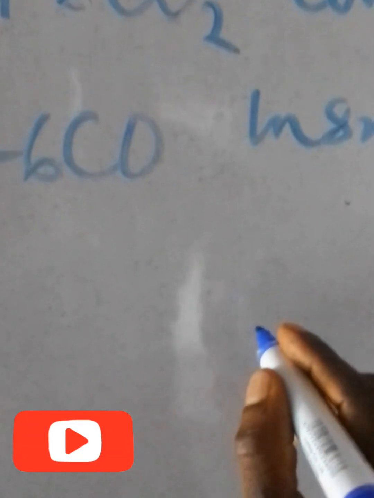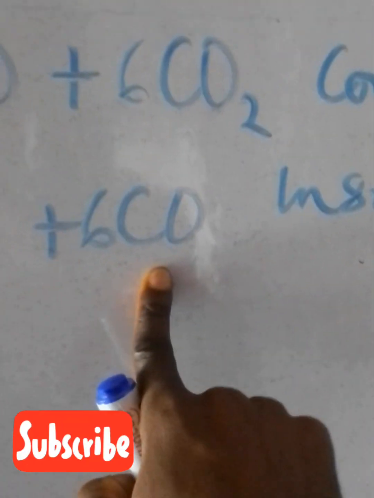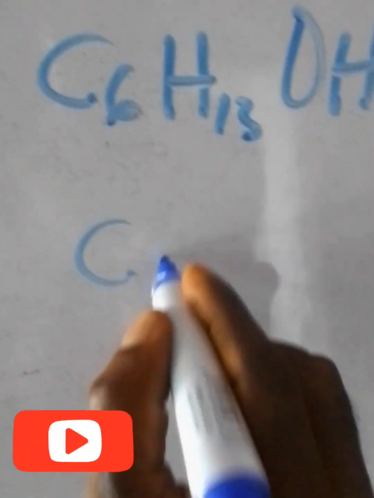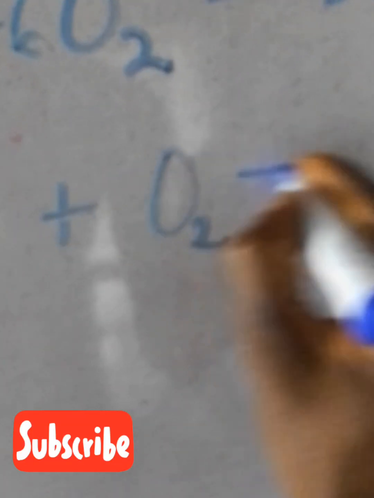But there is a scenario of extremely insufficient oxygen, where we have only elemental carbon present. So we write the equation: C6H13OH plus O2 to afford H2O plus carbon. Carbon is 6 here, so we write 6 at the back of carbon.